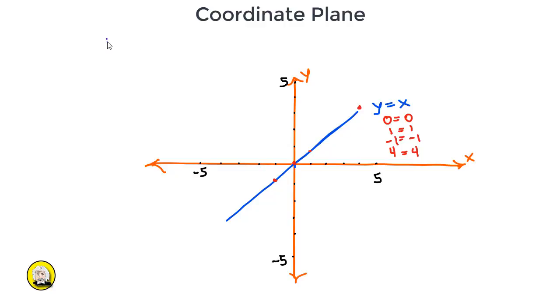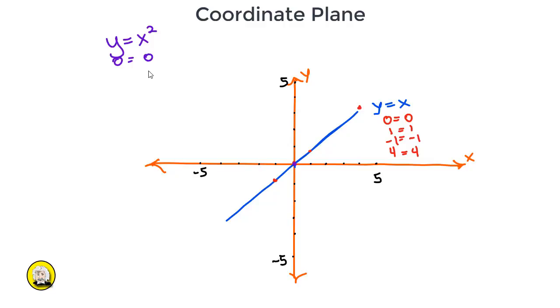Let's start with another function and go about the process of graphing it in the first place by testing out a few points and then connecting the dots. So y equals x squared. Again, when x is 0, 0 squared is 0, so y should be 0 as well. So the graph of this function should go through my origin again, the point 0, 0.